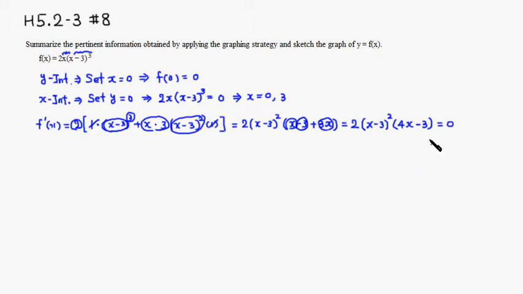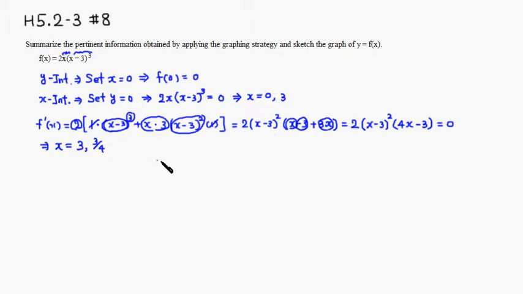The critical numbers would be x equals, from setting x minus 3 equal to 0, 3 is one of them. Setting 4x minus 3 equal to 0, you get 3 quarters. So those are the critical numbers.